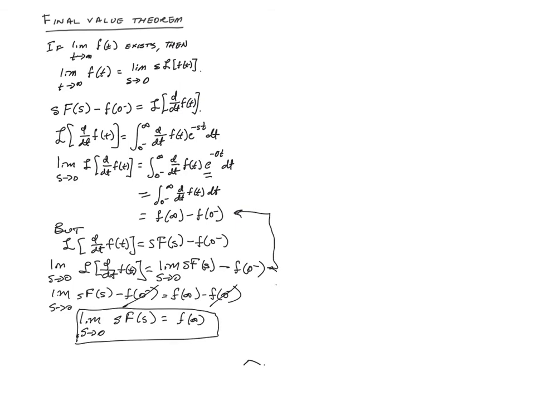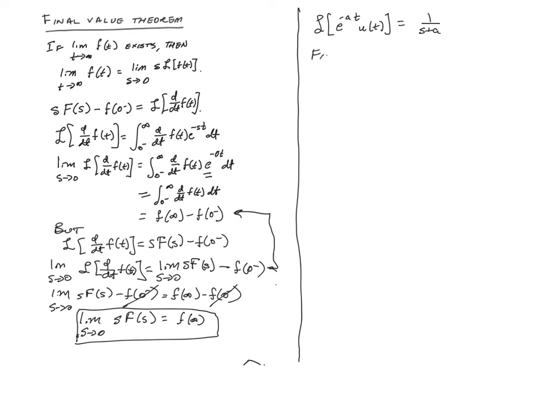And now let's just do a couple of examples. Okay, first we'll just take the Laplace transform of e to the minus at u of t. This is 1 over s plus a. So now we want the final value.